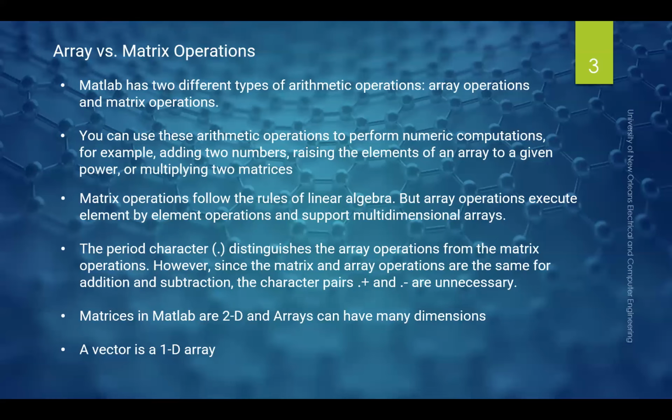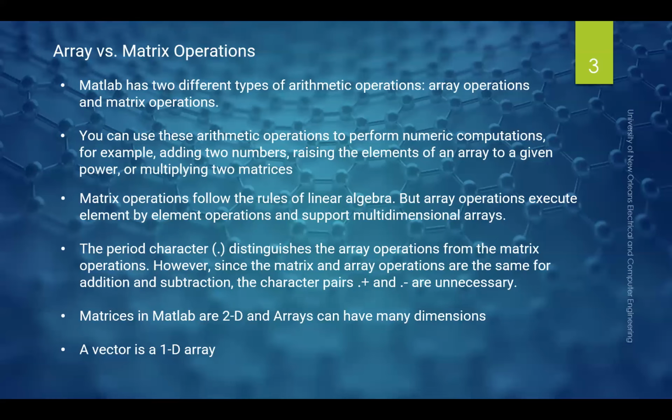So matrices in MATLAB, and in general, really, are two-dimensional arrays, and arrays can have any dimension or many dimensions. However, a vector is a one-dimensional array. So to reemphasize again, a matrix is a two-dimensional array. It's got a fixed size, and all the cell types are the same.